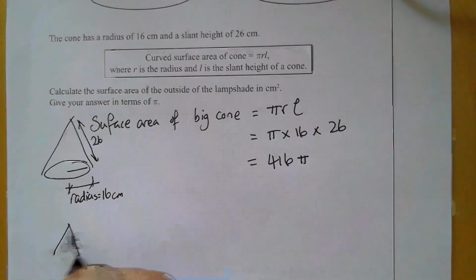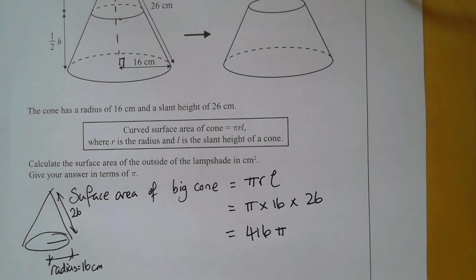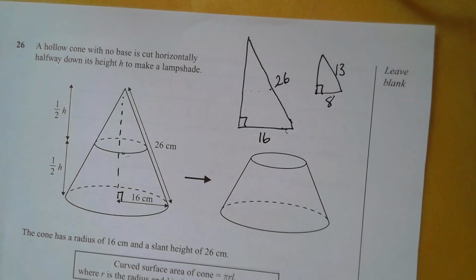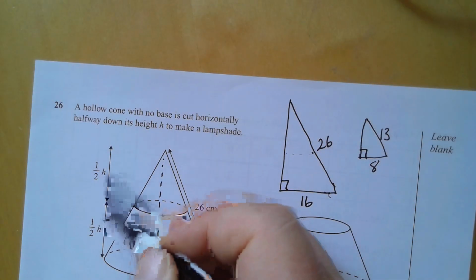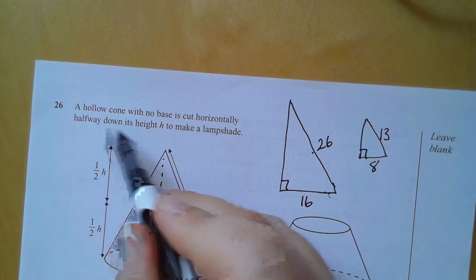We then look at the small cone. Well, what's the radius of the small cone? Well, the radius of the small cone is 8, and the sloping length is 13 because it's half the original. We know it's half because of this diagram here. It's cut horizontally halfway down its height.